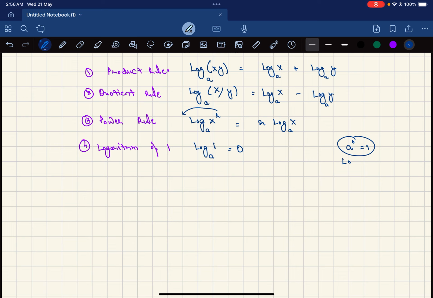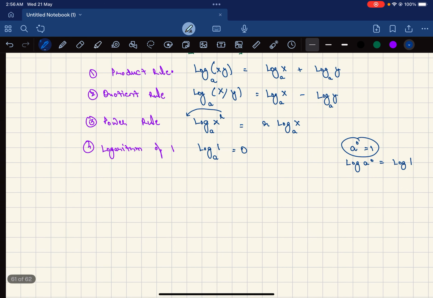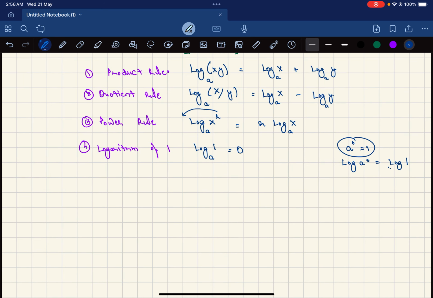Therefore log of a to the power 0 is equal to log of 1. If we take log both sides, and a to the power 0, we can bring 0 in front, and therefore log 1 becomes equal to 0. So this is the property that log of 1 to any base is always equal to 0.